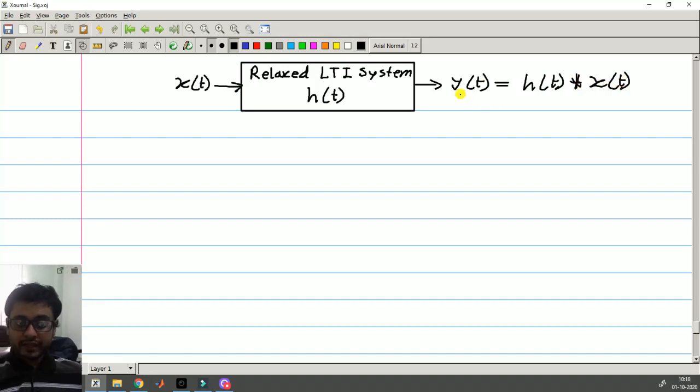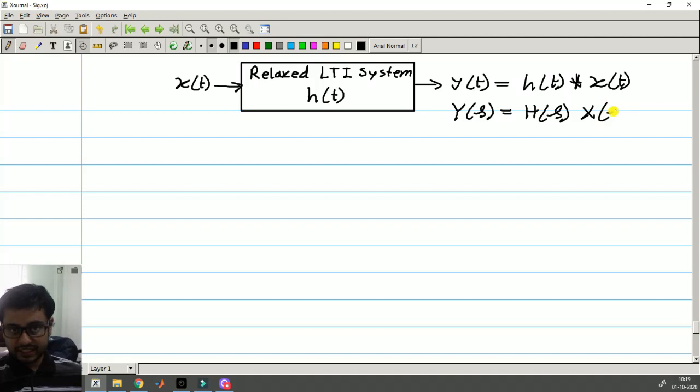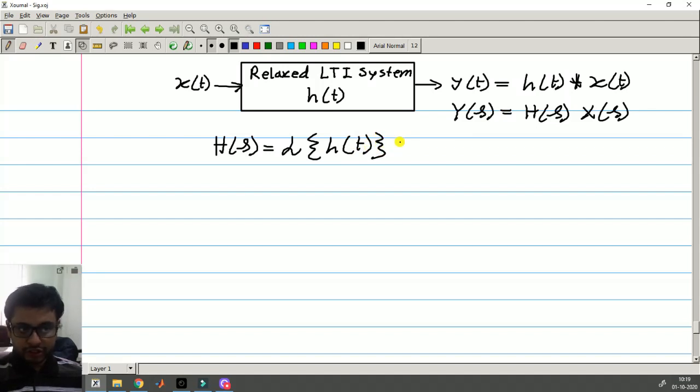Now if you take the Laplace transform of both sides of this equation, you will get Y(s) equal to H(s) multiplied with X(s), where H(s) is the Laplace transform of the impulse response, which we call the transfer function of the system.